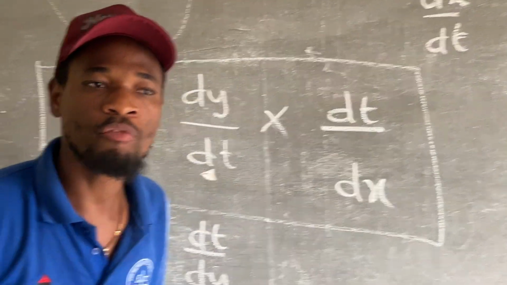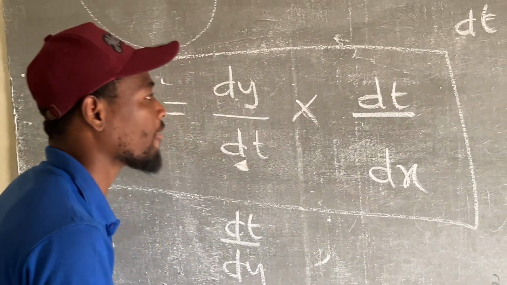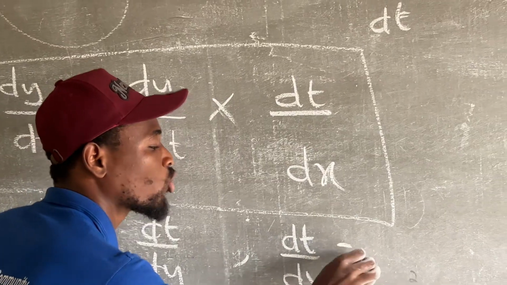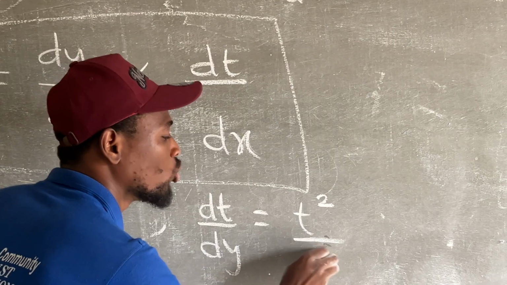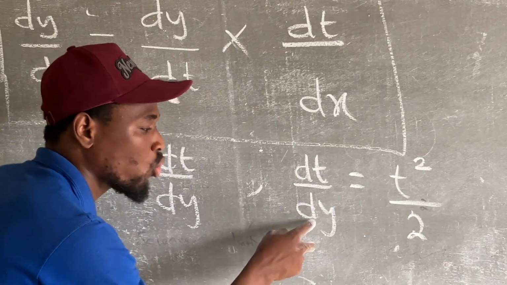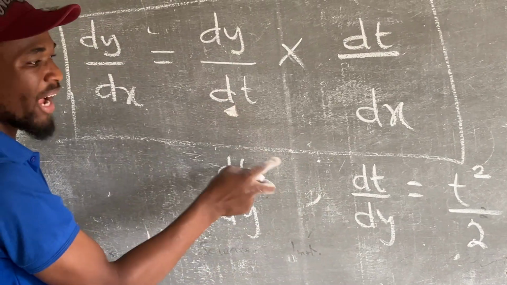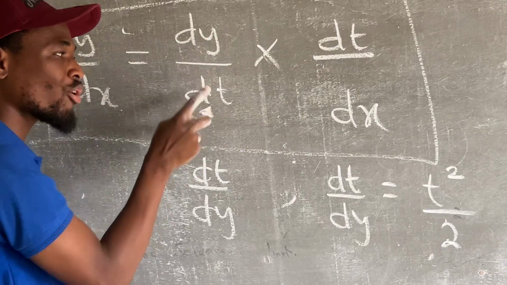For example, when I have dt over dy equal to, let's say, t to the power 2 over 2, and I want to find dy, from the formula I don't have dt over dy, but rather dy over dt.